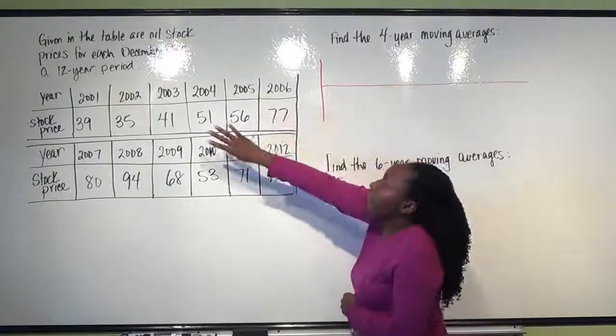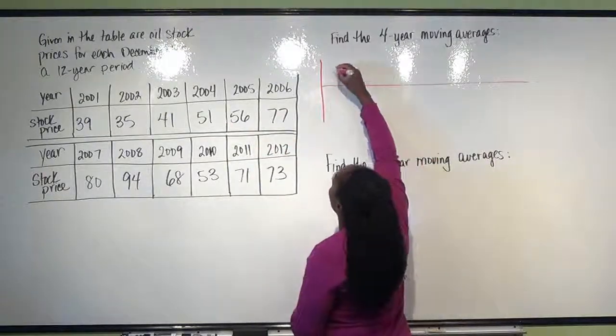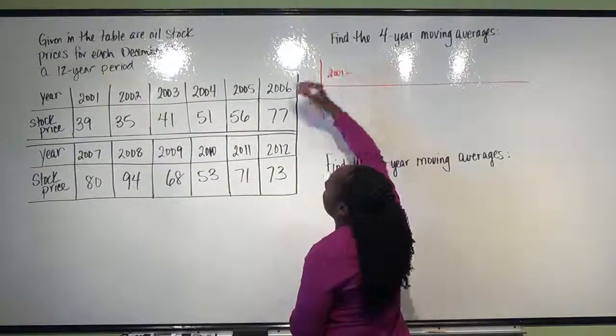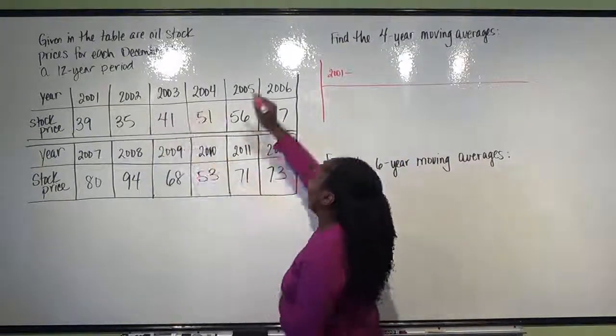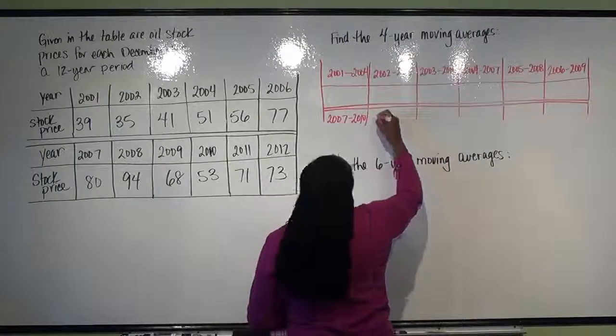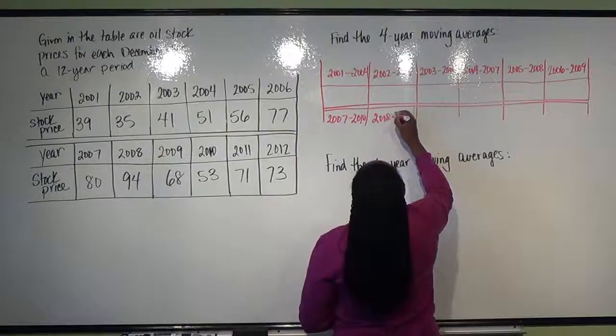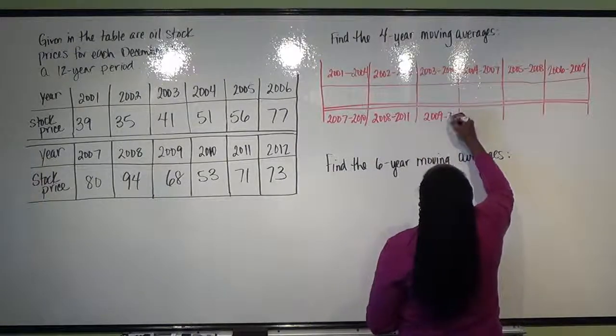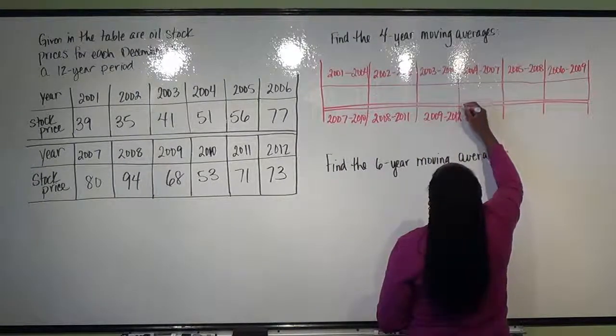For each of the 4-year periods, so we have the period from 2001 up to 2004, 2008 to 2011, and 2009 to 2012.